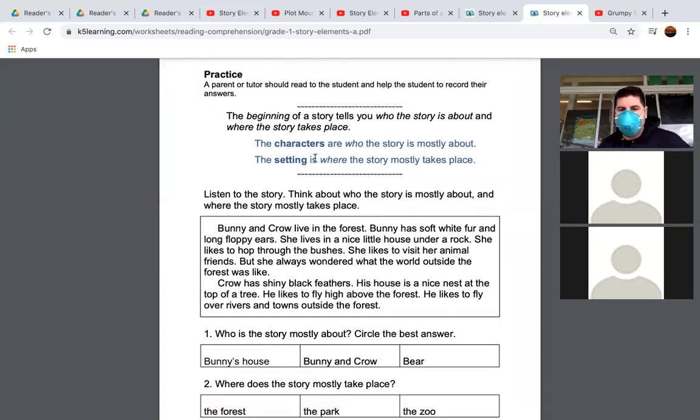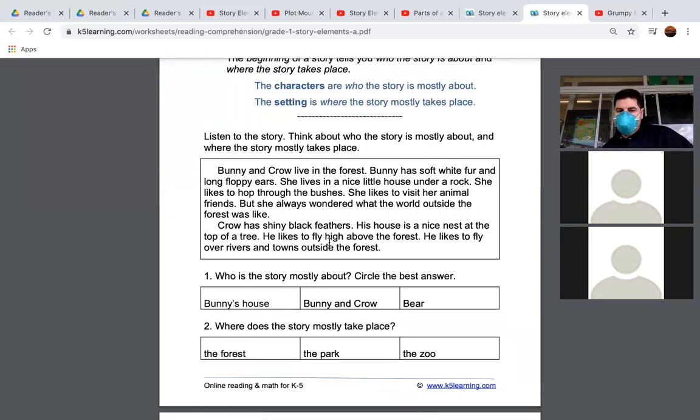It says right here, the characters are who the story is mostly about. The setting is where the story mostly takes place. So we're going to read this little story and answer a question about it, okay? Student 1, can you read the first paragraph, please? Bunny and Crow live in the forest. Bunny has soft white fur and long furry floppy ears. She lives in a nice little house under a rock.